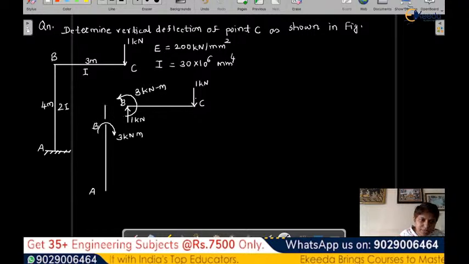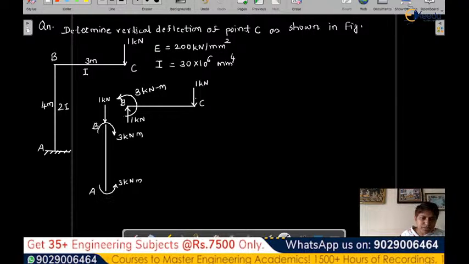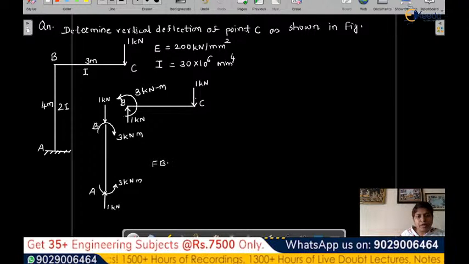So to neutralize that effect, there will be 1 kilonewton force at this end. Now again to balance this, when this is clockwise, there will be an anti-clockwise 3 kilonewton meter, and there will be also this reaction. So this completes our free body diagram. This is free body diagram of the frame.